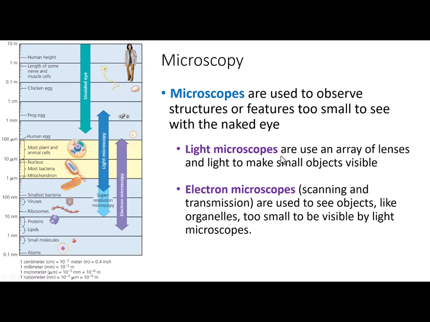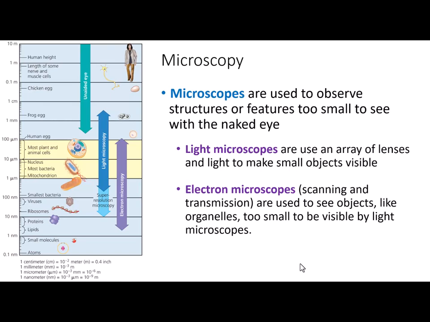Light microscopes use an array of lenses to make small objects visible. Electron microscopes, both scanning and transmission, are used to see objects like organelles, those things that are too small to be visible by light microscopes. There are three important parameters when we are doing microscopy.